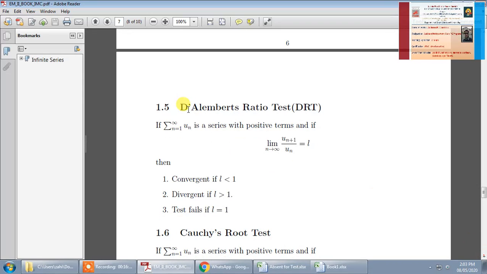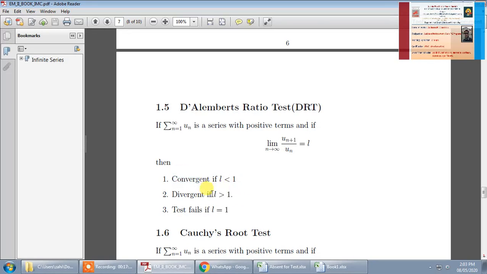Now there is a second test that is called D'Alembert's ratio test. Suppose summation u_n is again a series of positive terms, and u_(n+1) divided by u_n, the ratio as n tends to infinity, is equal to L. If L is less than 1, the series converges.